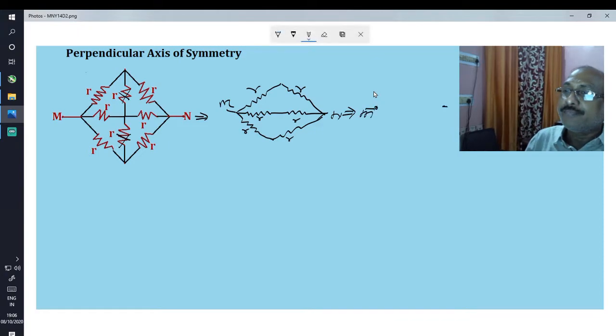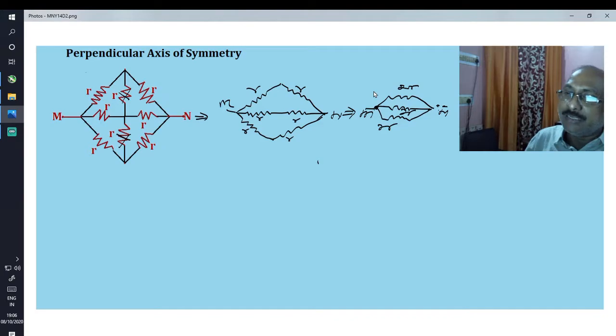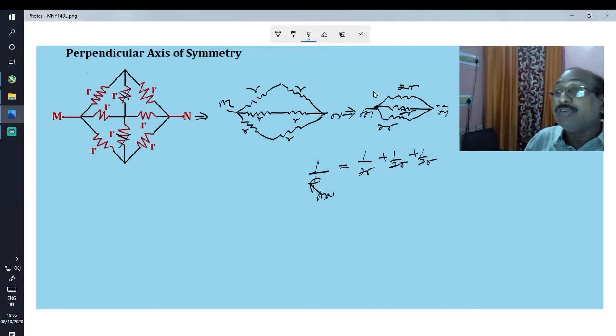Point M, point M, this is 2r, this is 2r, and this is also 2r. Therefore, the resultant between the points M and N will be 1 upon equivalent resistance between the points M and N is 1 by 2r plus 1 by 2r plus 1 by 2r, because these three resistances are in parallel combination.